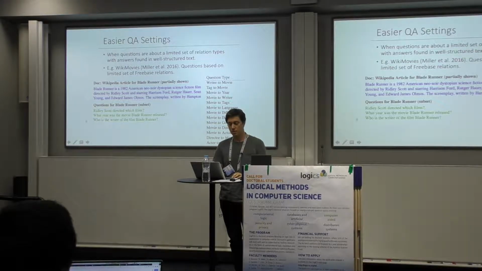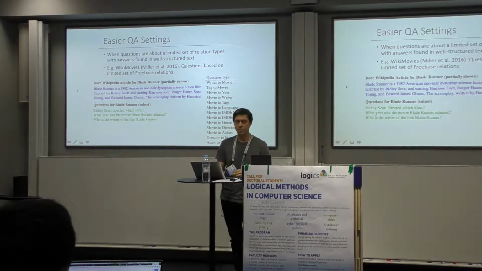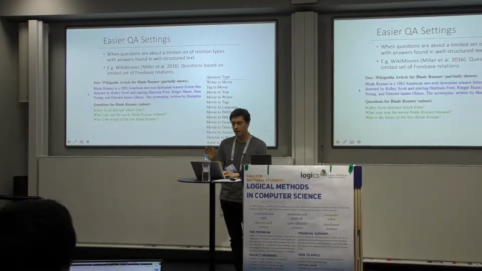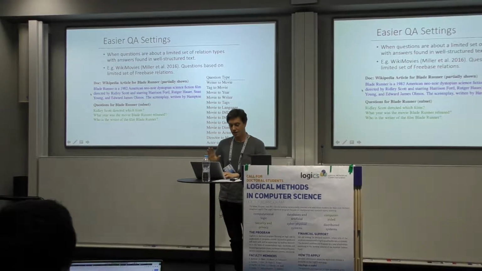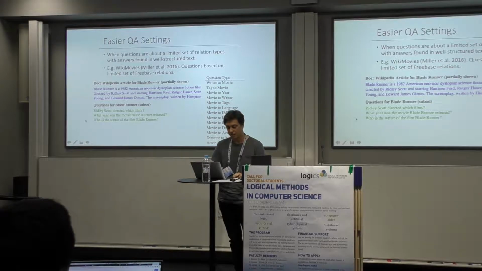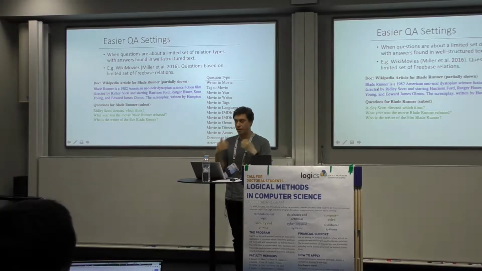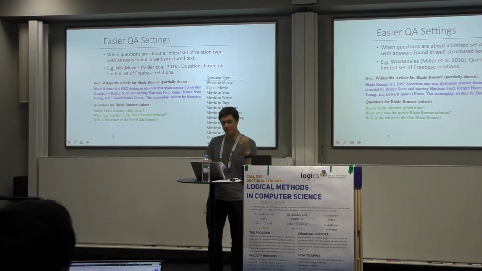So for example, Ridley Scott directed which films? And the text here in Wikipedia is very well structured to contain the answer. Or which year was the movie Blade Runner released? You can imagine this pattern, Blade Runner is a 1982, et cetera, occurring frequently. So this is an easier QA setting.